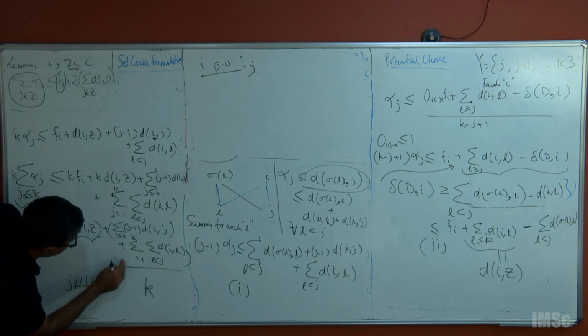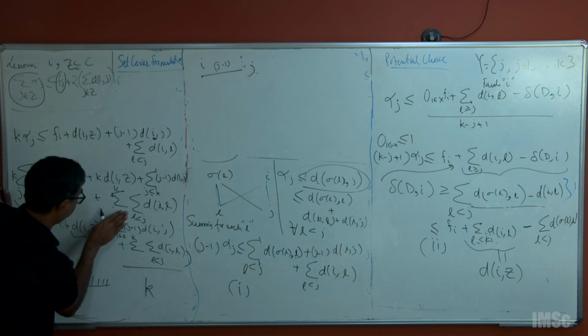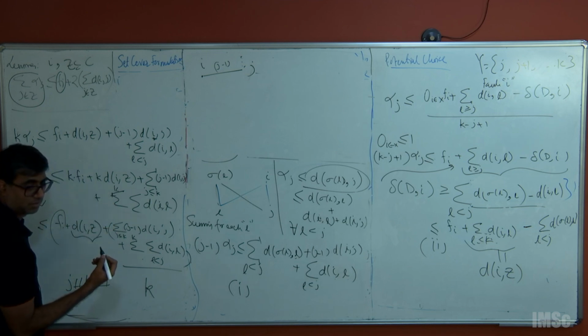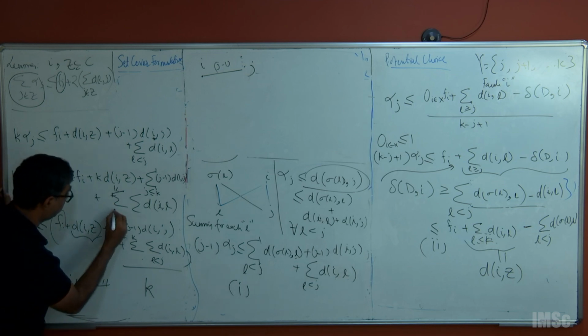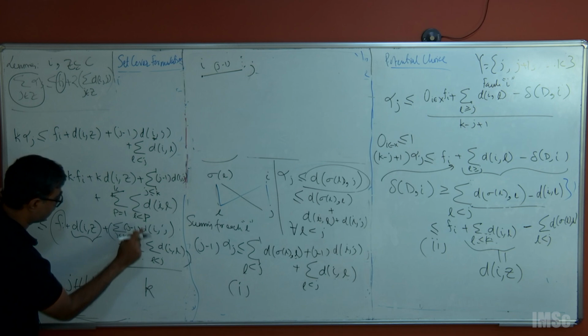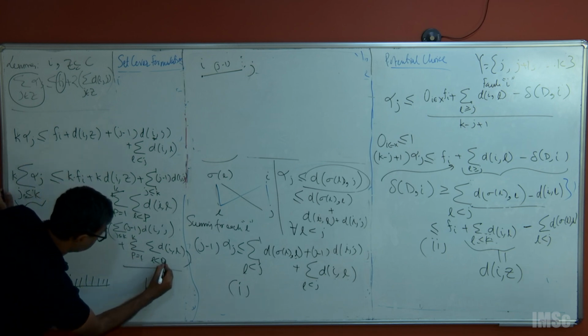Let us use some different variable, not i. This is why it is confusing. So tell me some other variable. p equal to 1 to k, l less than p, okay?